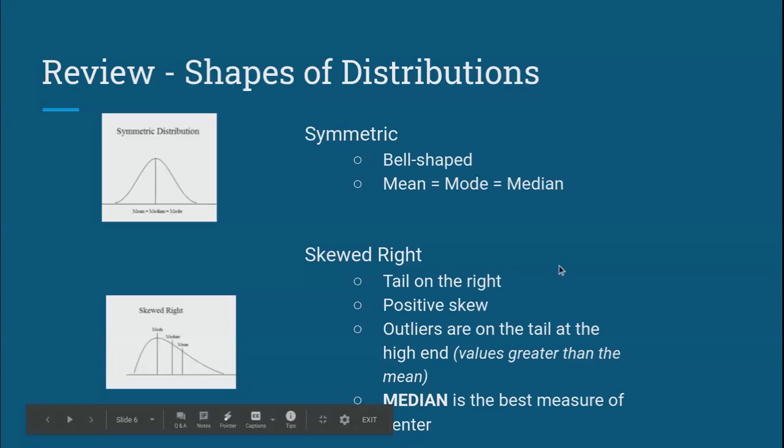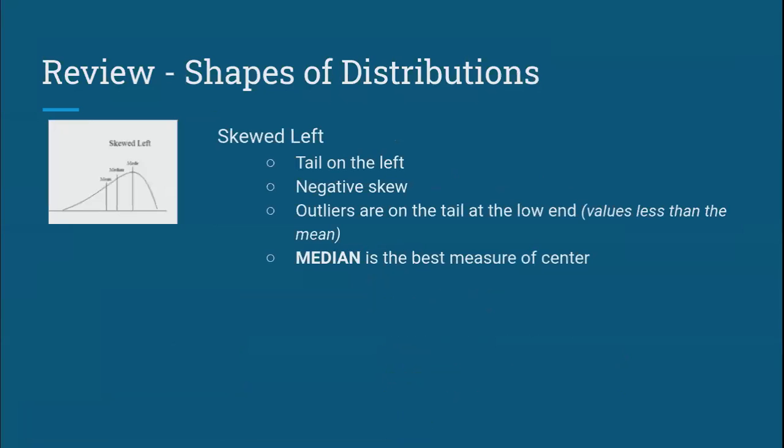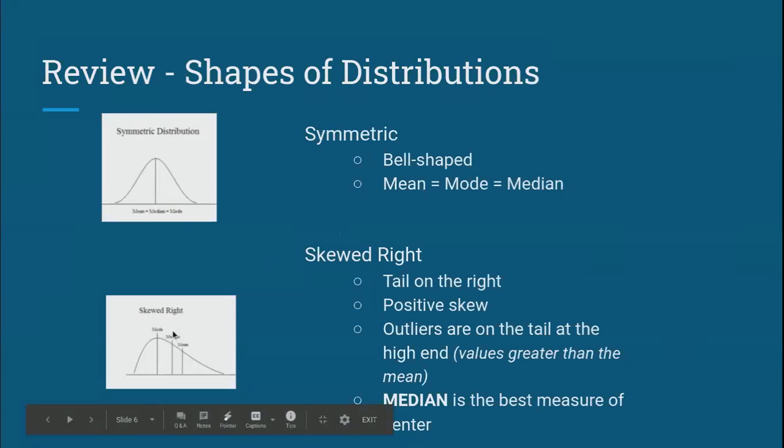The outliers are at the end, but if we look at the diagram, the median is the best measure of center because the mode is here. The mode is the highest, but again, we want to know the best measure of the center of the data. When we look at it, this being the median, that means half of the data is on the left side, half of the data is on the right side.